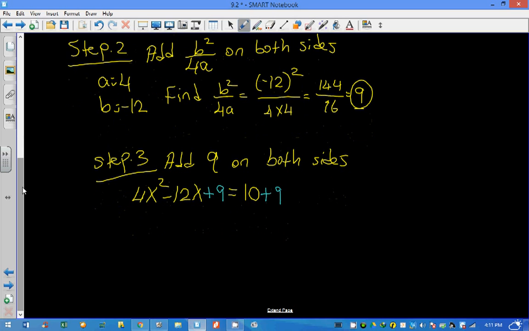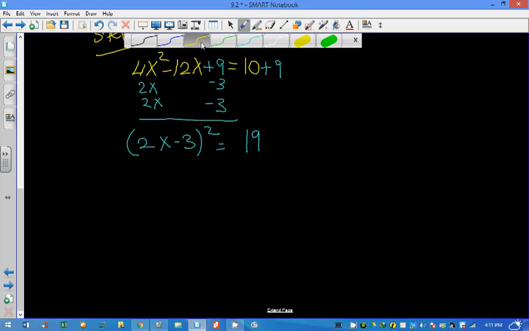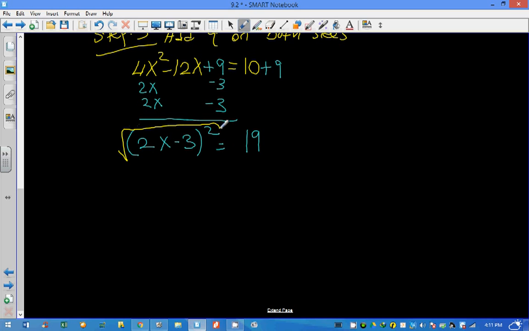So now let's factor 2x and 2x and negative 3 and negative 3 because of the negative 12. 2x minus 3 to the power of 2 equals 19, and take a square root of both sides.